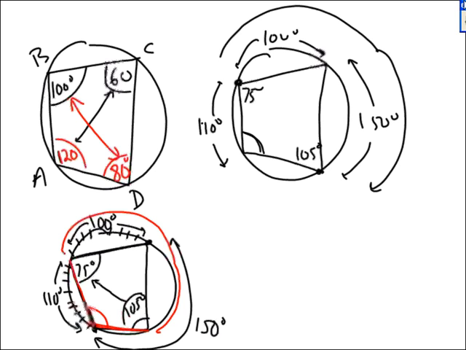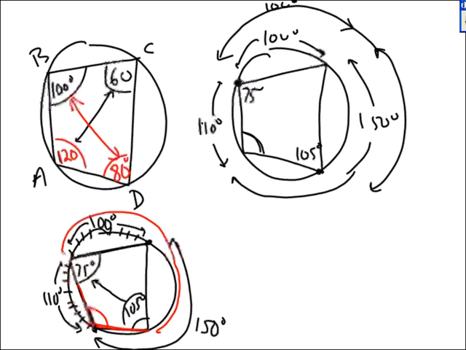My little problem in this diagram is that 150 went out to here, so it cut off that arc. Well, let's break this arc into two pieces. The 100-degree piece is still 100 degrees.